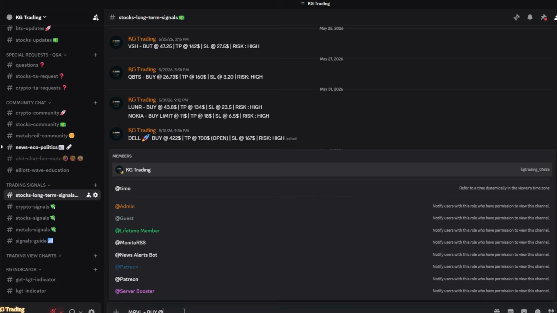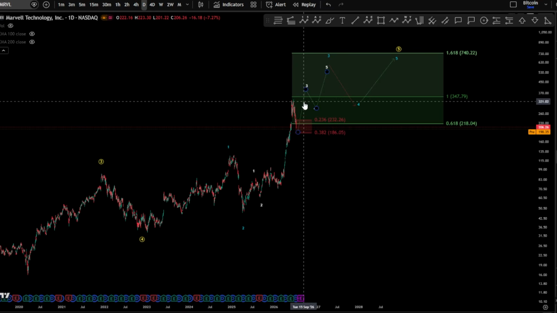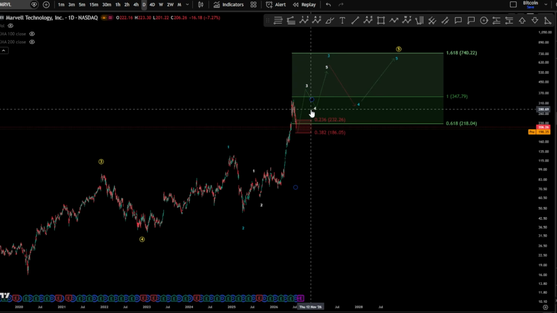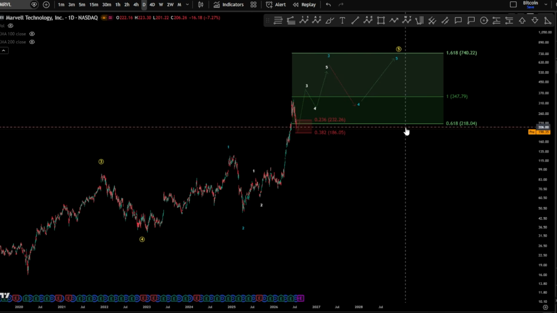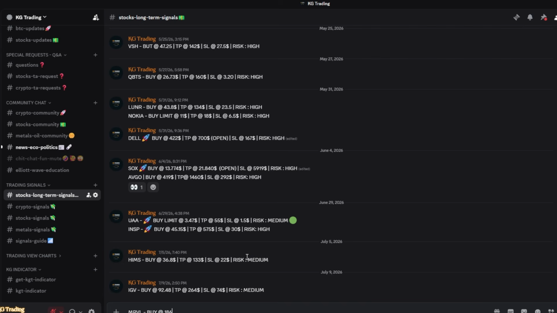And most of them are buy, because this is a concept. Of course, you want to invest in a good company, guys. You want to buy. Selling is dangerous. So basically, we are buying from the $186.